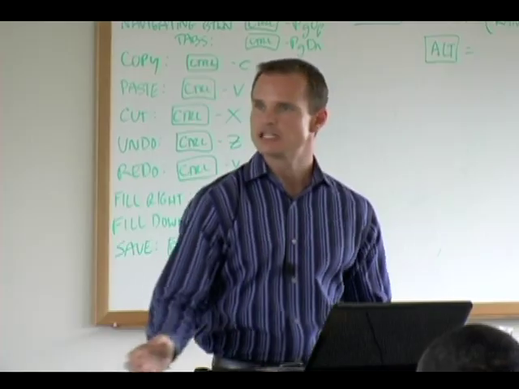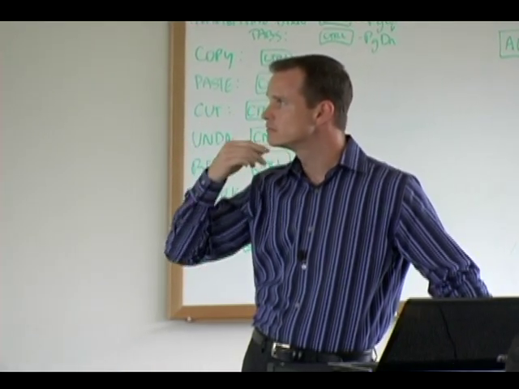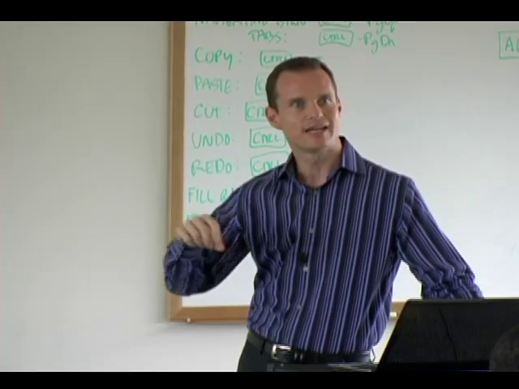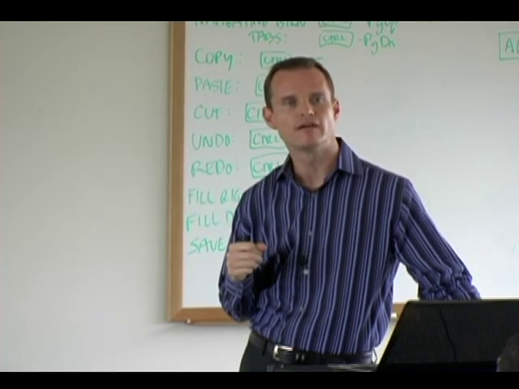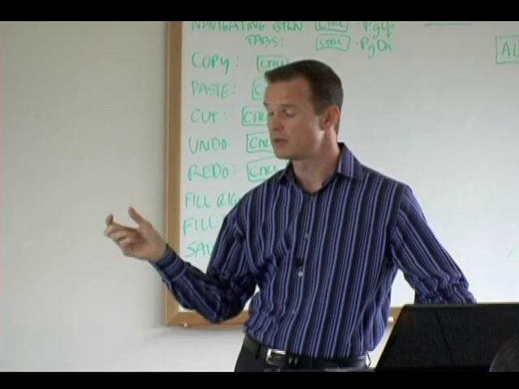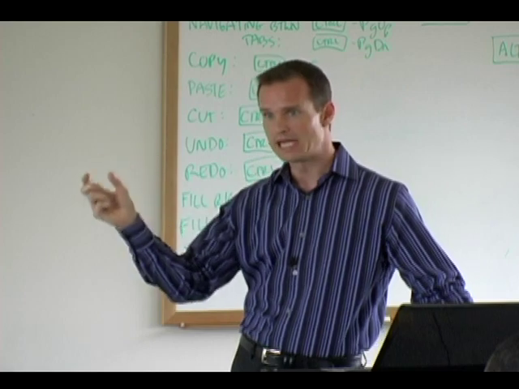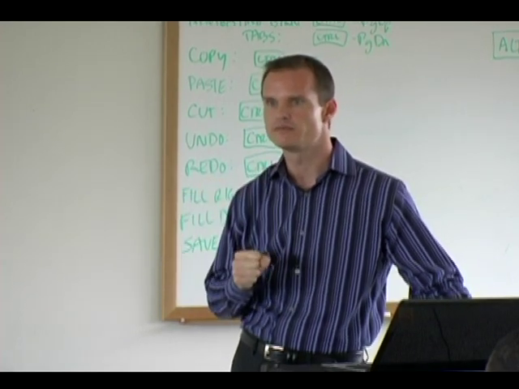If you make sign change errors, say I did this year minus last year and had this as a positive 1.5, and assuming everything else in my model was okay, my model would be off by 3 million. The difference between negative 1.5 and positive 1.5.